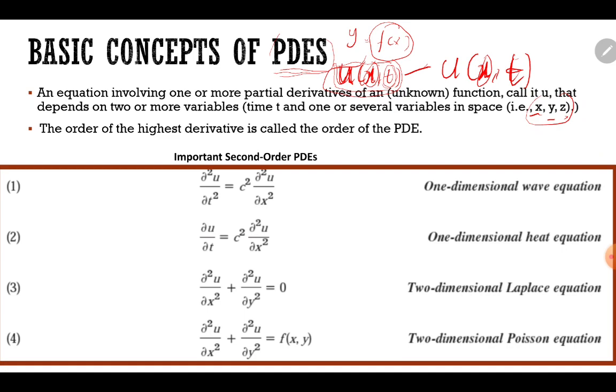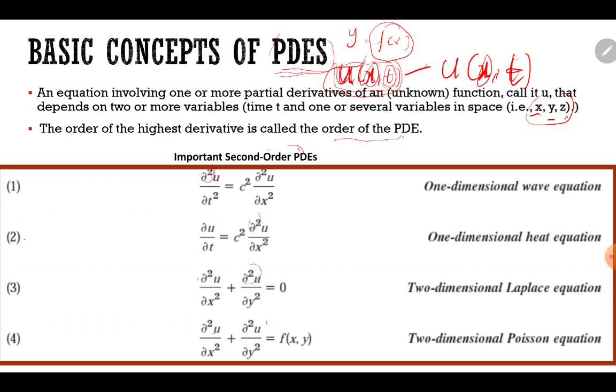So the order of the highest derivative is called the order of the PDE. Here we have five second order PDEs. If you look at this, the derivative is to the power of 2, and the power of 2 is the highest order in the equation.